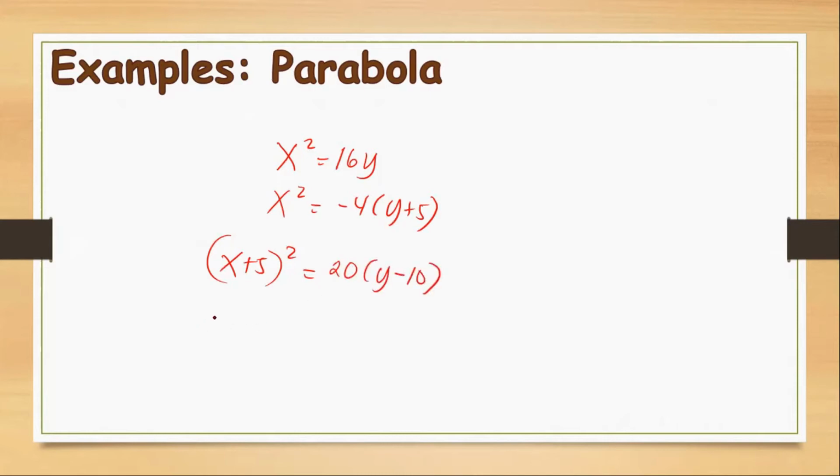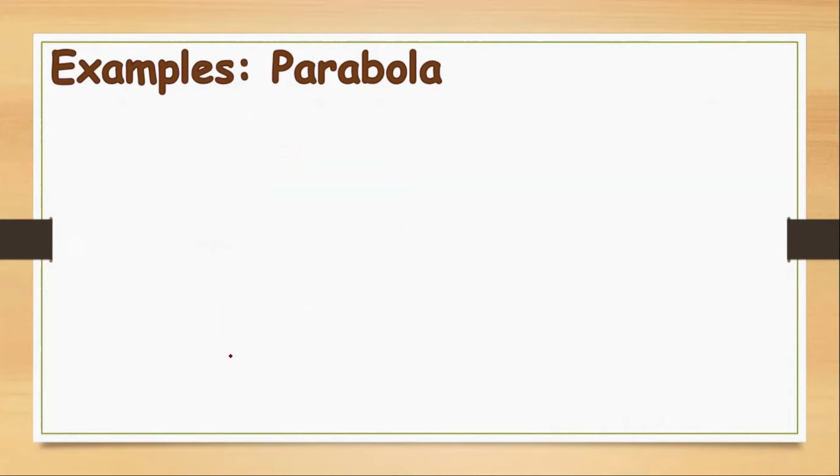We can also have y squared equals 4x, y squared equals negative 4 times (x minus 4). As long as the exponent of one variable is 1 and the exponent of the other variable is 2, we can have that parabola.